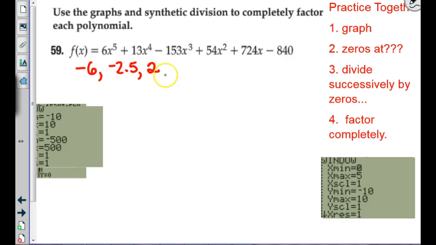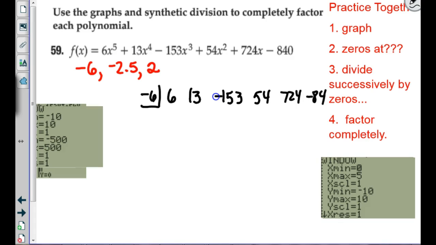We're going to start successive divisions. Which one do you want to do first? The -6? Okay. Gonna need a calculator, I think. Okay, -6 times 6 is -36. Plus 13, anybody? -23 times -6.